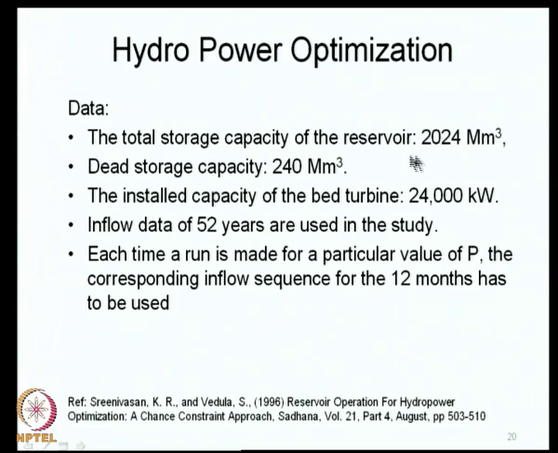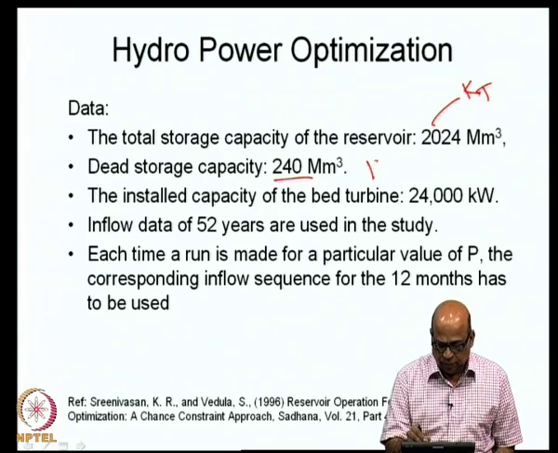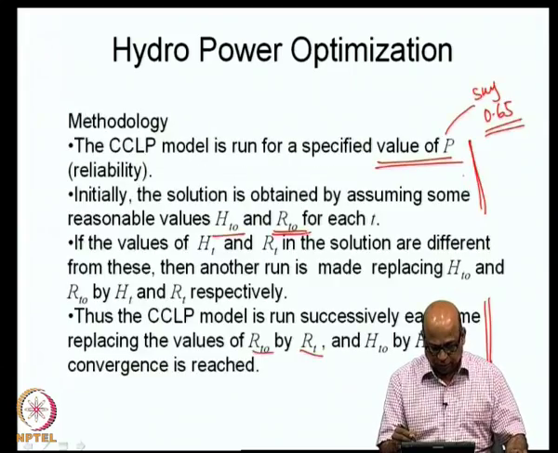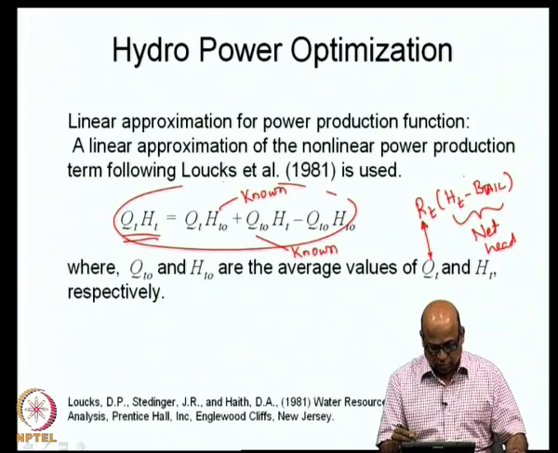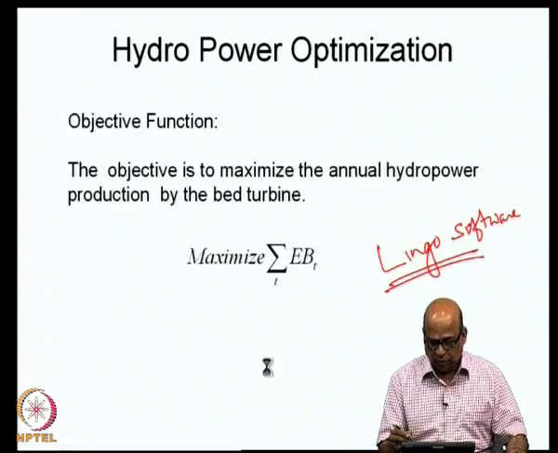So, you have the total storage capacity 2024. In our notation, this will be KT, I am sorry, and this is KD, and installed capacity is known. This I think we have used as the variable BC, which is the installed capacity.